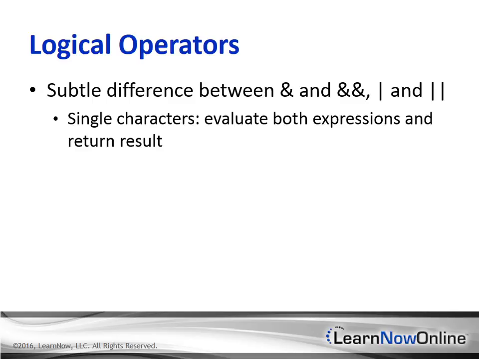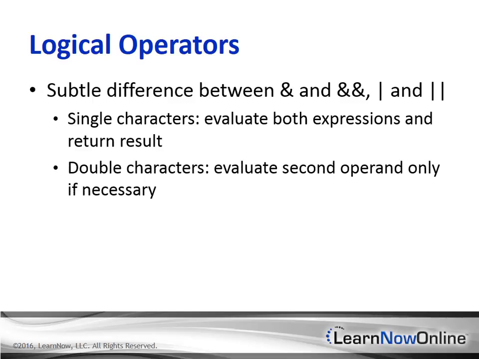So the single character operators are the ones that you probably expect are the normal behavior for an AND and an OR operator. But then the double character versions of the operators, again, ampersand, ampersand, or vertical bar, differ in that they don't evaluate the right side expression if it's not necessary.